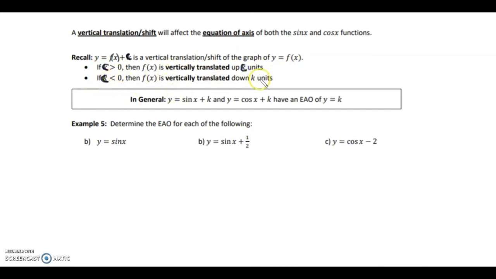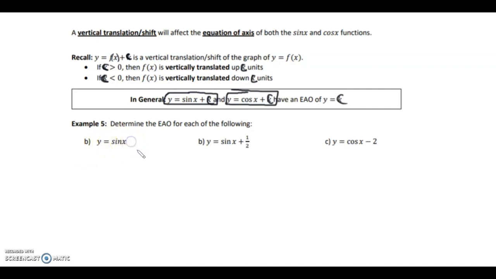And if c is less than 0, then it's vertically translated c units down. So in general, y equals sine x plus c and y equals cos x plus c have an equation of axis of c.